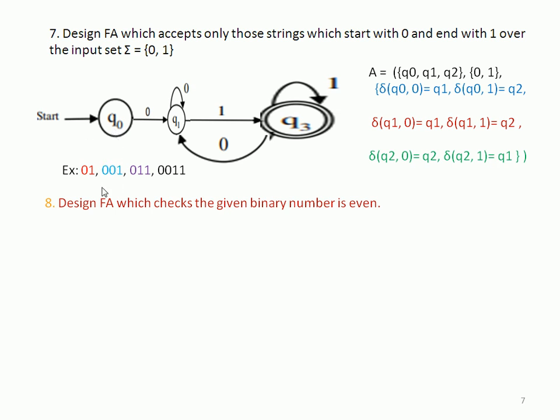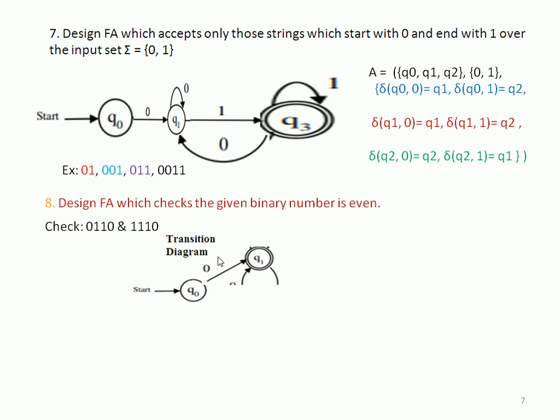Now let's design one more machine, which checks whether the given binary number is even. For example, 0110 is an even number, and 110 is an odd number. For this we can construct a transition diagram. Start with Q0 and go to Q1 with a 0 input.